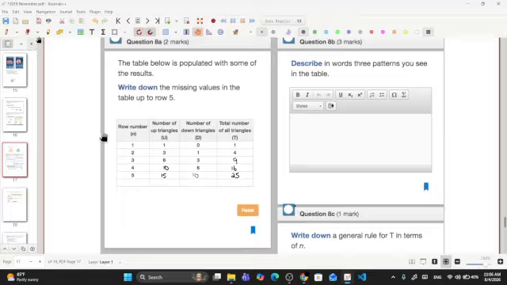Describe in words three patterns you see in the table. So if it says three patterns, we should talk about all three: the number of up triangles, the number of down triangles, and the total number of triangles. Can you guess what can be a pattern being followed in the total number of triangles?